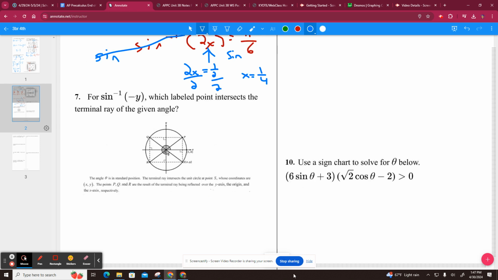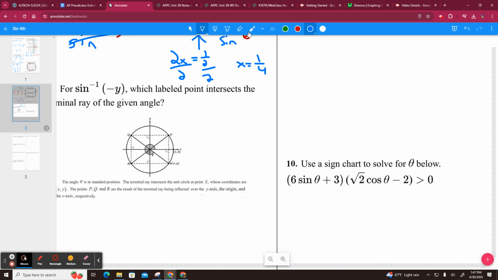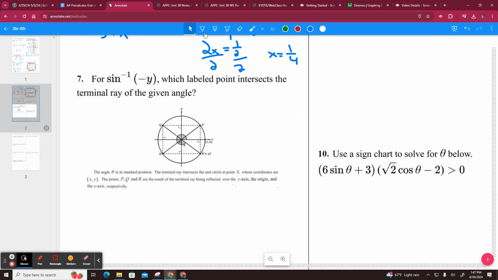So for arc sine of negative y, which labeled point intersects the terminal ray of the given angle. And on these, one thing I will say to solve problems like this, it's the one, remember, where it gives you x, y in a weird quadrant.